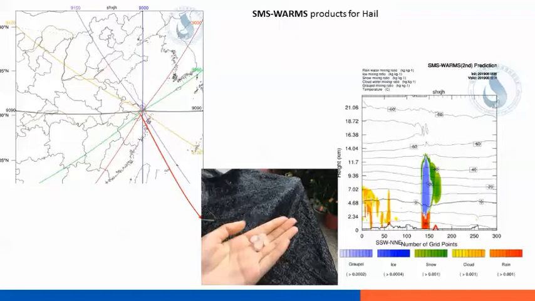From this image, we see that the height of the wet bulb zero comes down, which indicates that the height of the wet bulb temperature zero will be proper, and the low bottom of graupel southwest of Xujiahui indicates maybe the location of hail genesis.